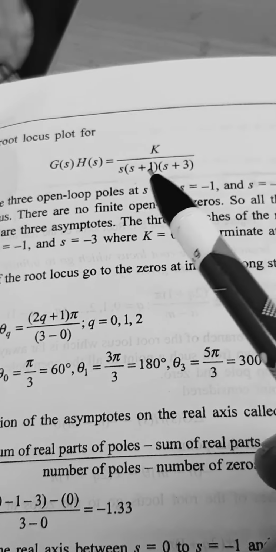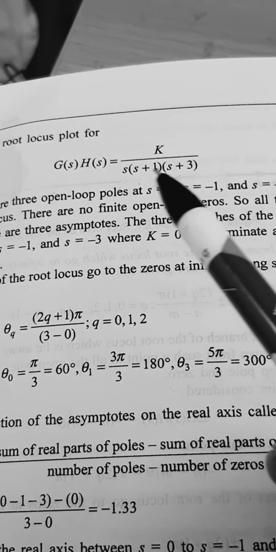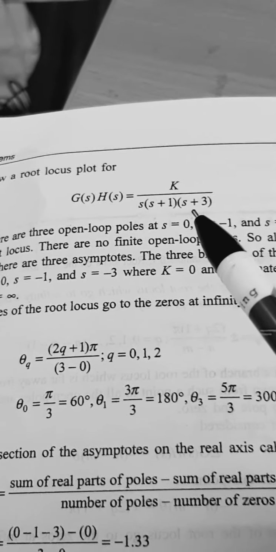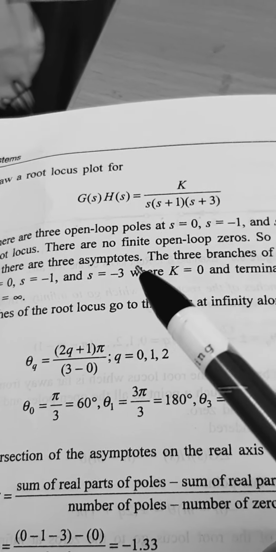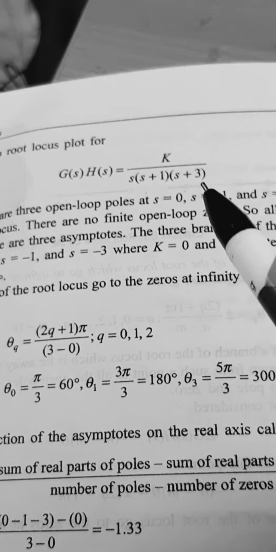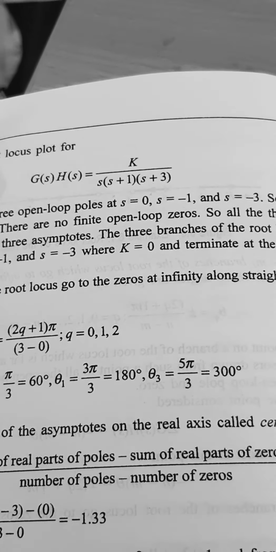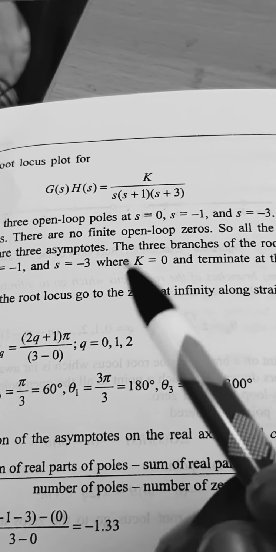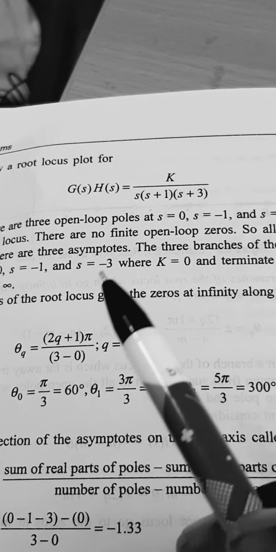Here there are three distinct poles, so there are three asymptotes. That means you know that a straight line is very near to the real graph or root locus.